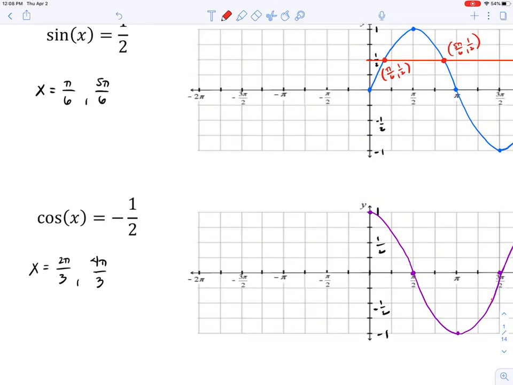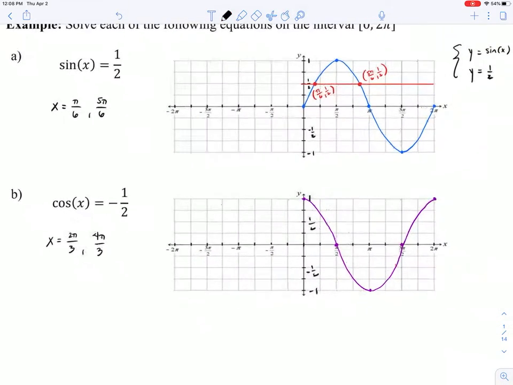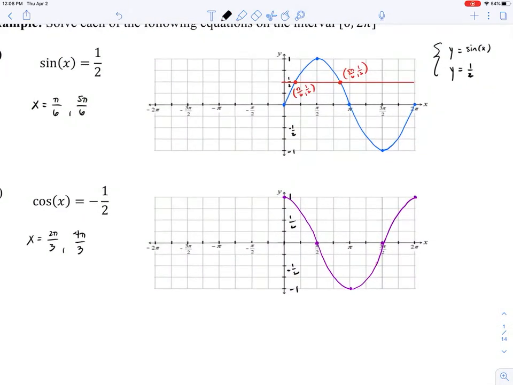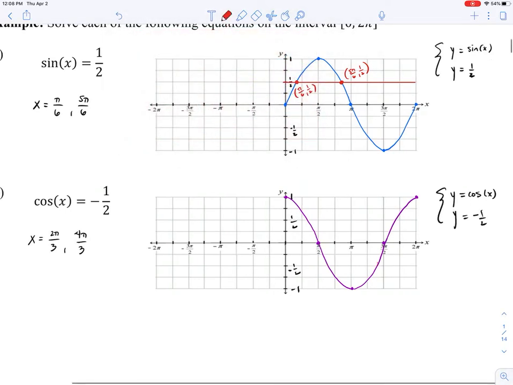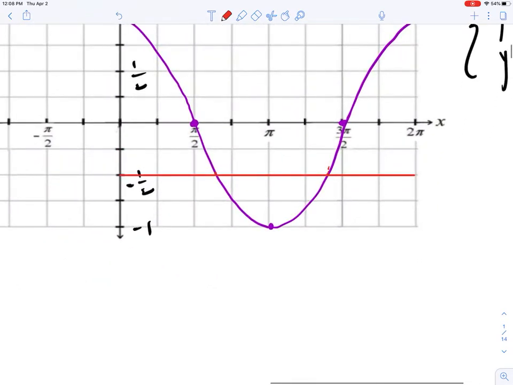Okay, and then for cosine of x equals negative 1/2, if you were to create a system, so y equals cosine of x and y equals negative 1/2, graphing, I already have cosine graphed here, so then graphing the horizontal line at y equals negative 1/2.